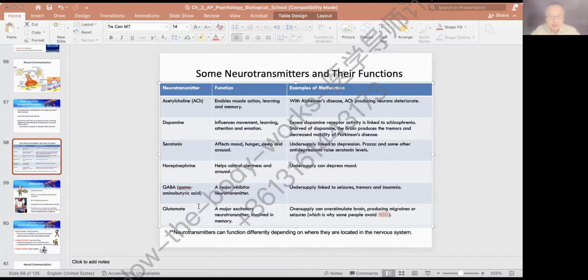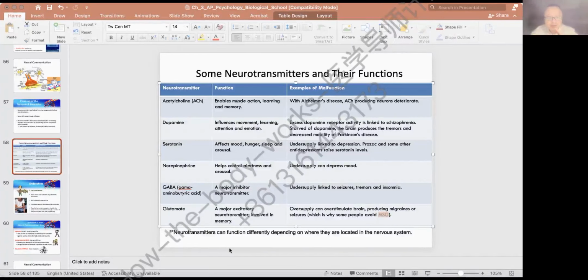MSG is called monosodium glutamate. Sodium means Na, and glutamate. So actually MSG means the glutamate itself.